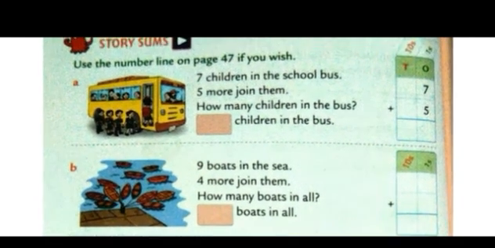Question. 7 children in the school bus. 5 more join them. How many children in the bus? 7 children are there already in the bus and 5 more join them. So we need to add how many are there.